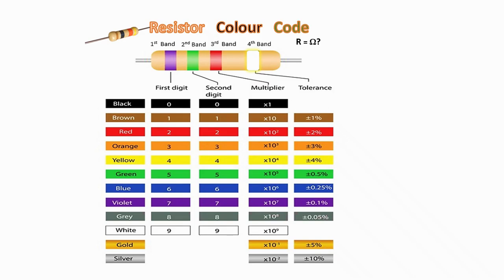Good means gray and W means white. And who wore gold and silver necklace, which means the tolerance: gold and silver.